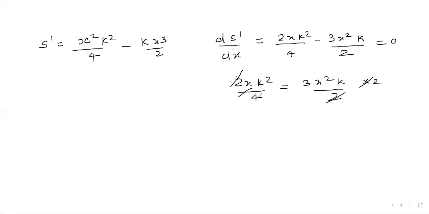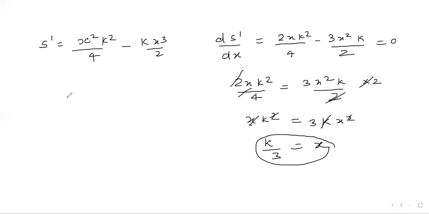It was xk square equal to 3k x square. So xk can be cancelled. 1k will get cancelled from here, 1x will get cancelled. So then we will get k by 3 equal to x. So we have got the value of x.